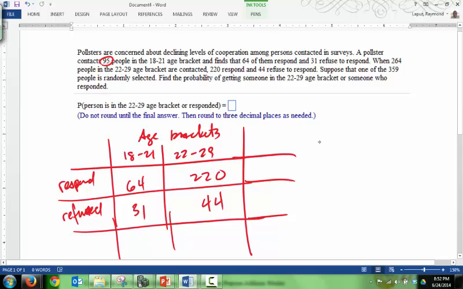And then one of the things that might be good for us to figure out is the row and column total for each. That might be useful. It might also be useful to figure out the row totals as well.